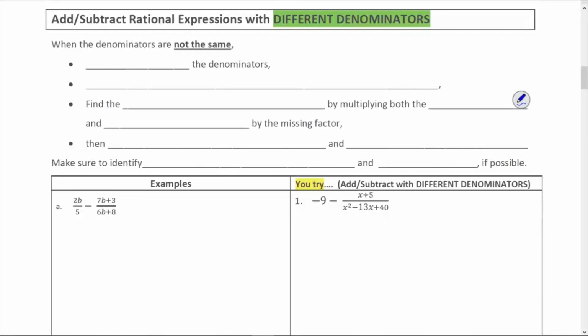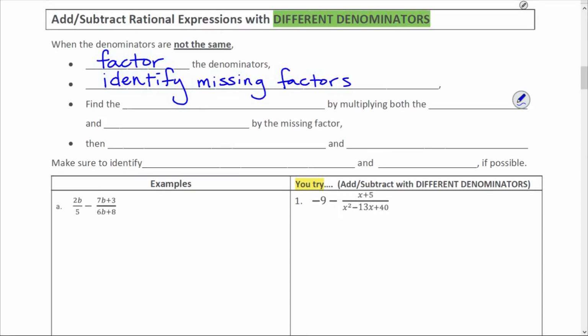When the denominators are not the same, you want to factor the denominators. You will then identify missing factors. Again, it has to do with what does the other denominator have that this one doesn't. You will then find the common denominator by multiplying both the numerator and denominator by the missing factor.